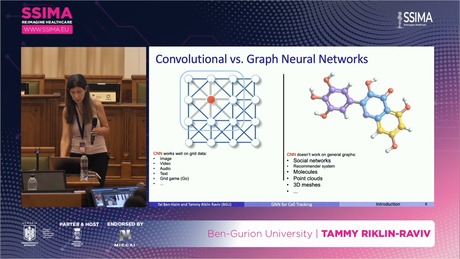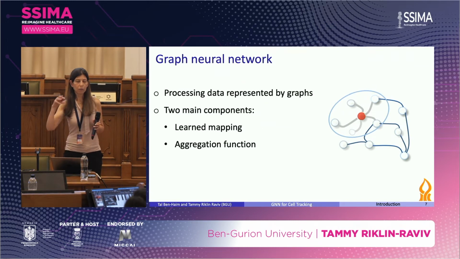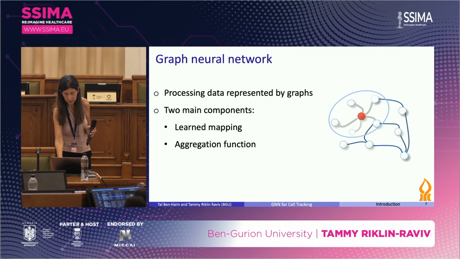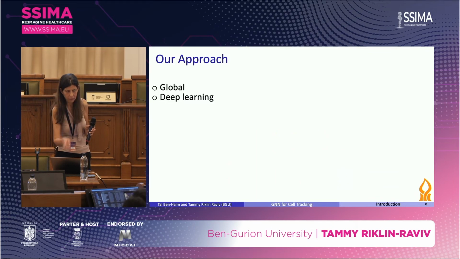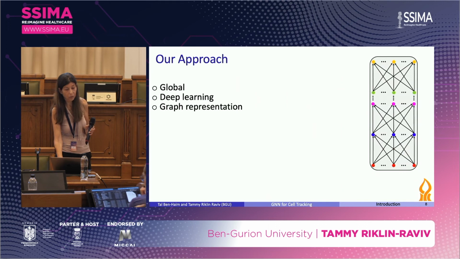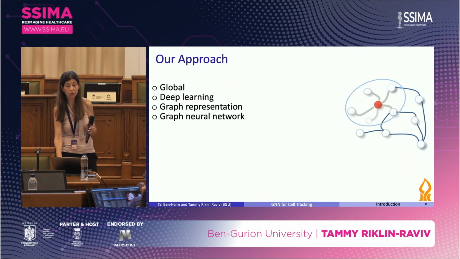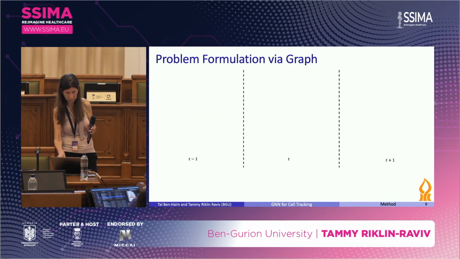For our purpose, we use cell datasets. The main issues in processing data represented by graphs are, first, learning the mapping, and second, the aggregation function. Our approach consists of a global approach with deep learning. We use graph representation, we use a graph neural network, and finally, we use message passing.